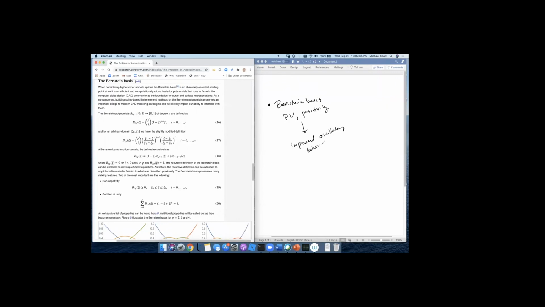I think there are a lot of examples where you can see this, but I'm not aware of any mathematical result that says that.